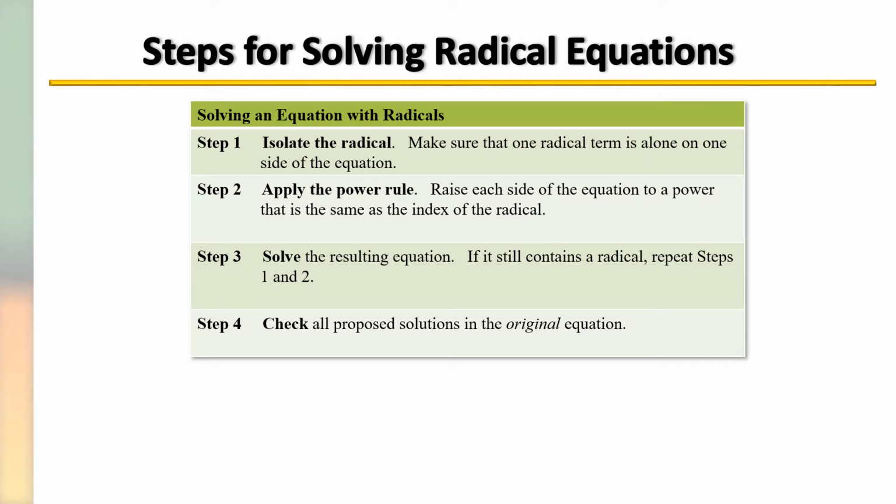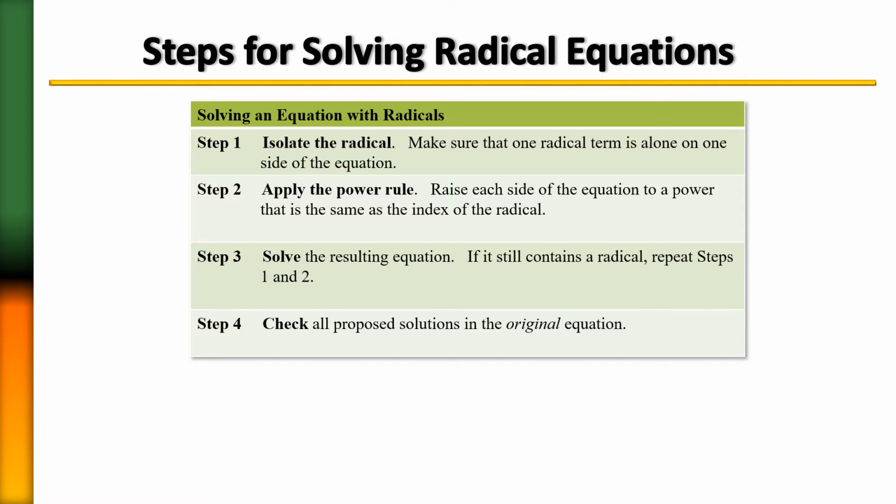So here are the steps for solving radical equations. Step 1, isolate the radical. Make sure that the radical is on the side by itself, everybody else on the other side using the rules of equation. Step 2, apply the power rule.